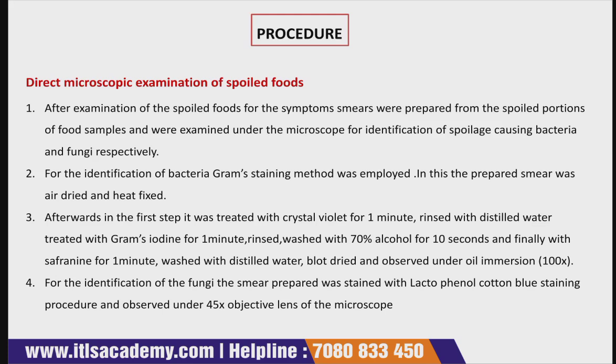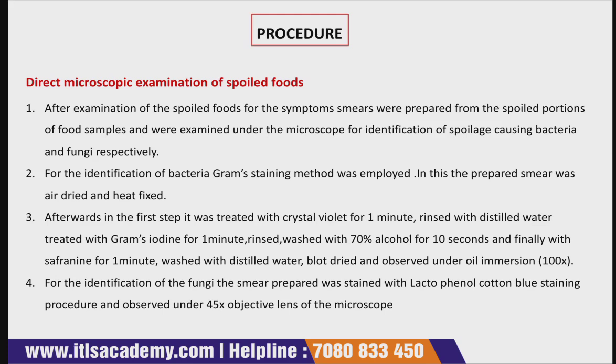You take crystal violet and treat the fixed smear for 1 minute. After that, you take distilled water and rinse the smear. Then again you treat the smear with gram iodine for 1 minute, then rinse with water.